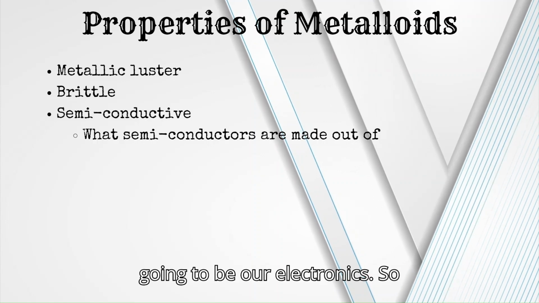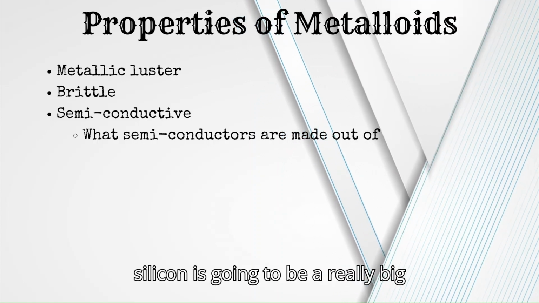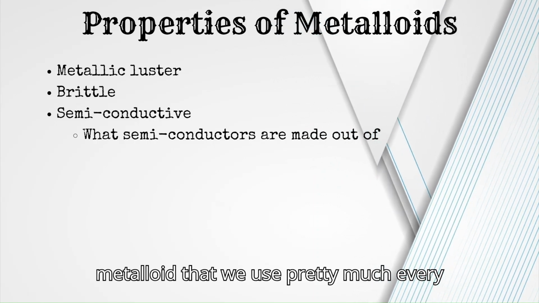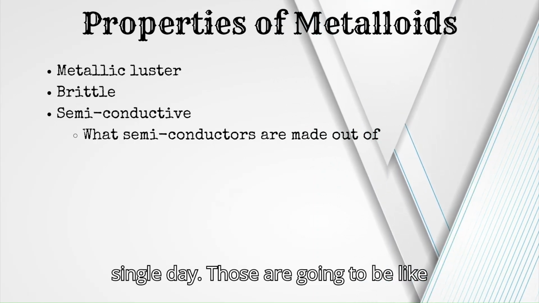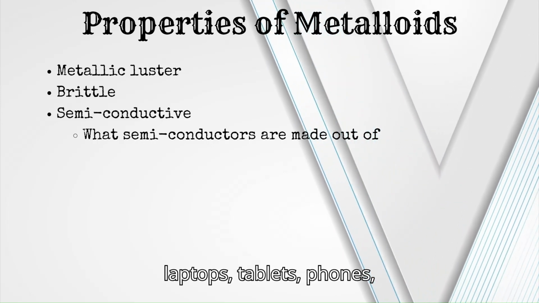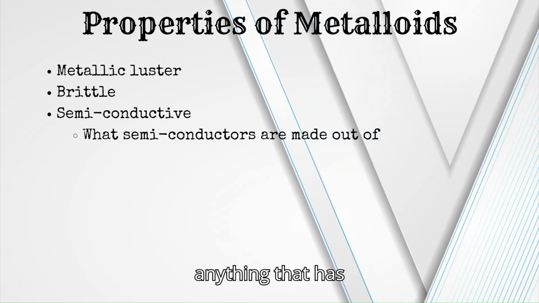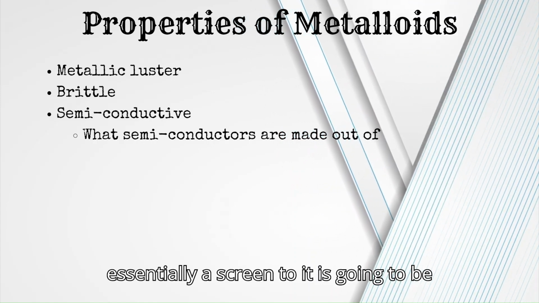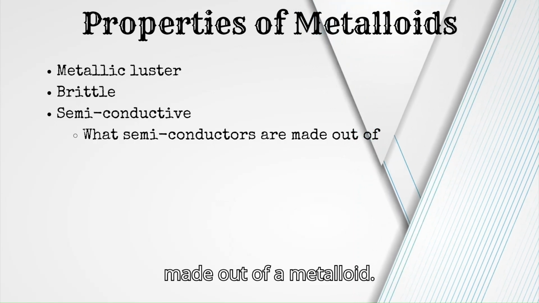Silicon is a really big metalloid that we use pretty much every single day. Those are like the motherboards that power our laptops, tablets, phones, anything that has essentially a screen is going to be made out of a metalloid.